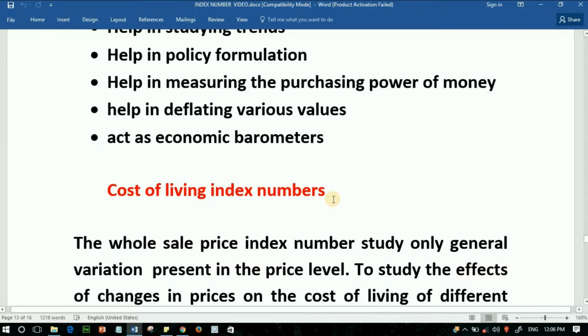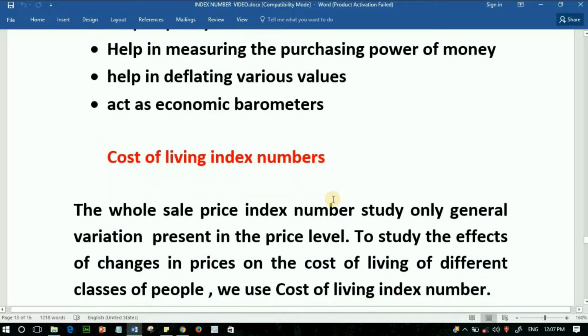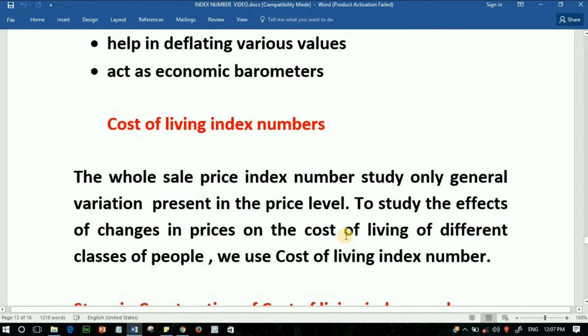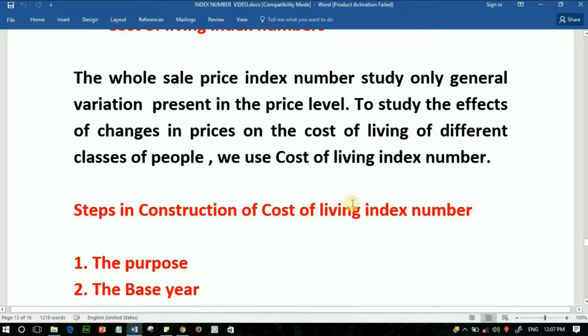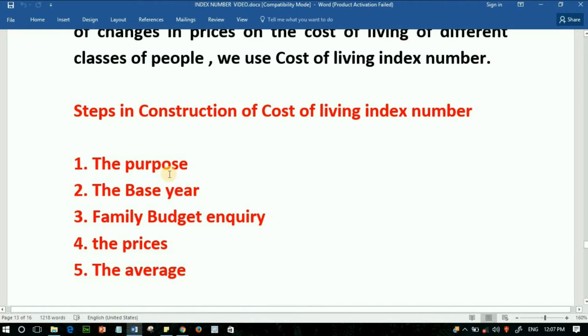Now we are going to discuss what the cost of living index number is. The wholesale price index number studies only general variation in the price level. To study the effects of changes in prices on the cost of living of different classes of people, we use the cost of living index number. What are the steps in construction of the cost of living index number? First of all, you have to define the purpose.